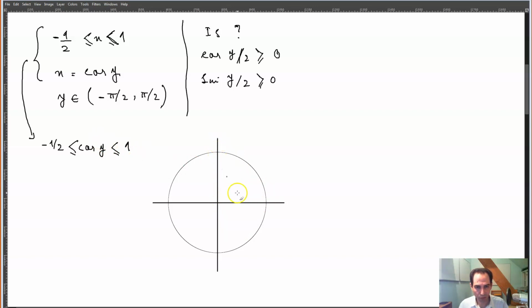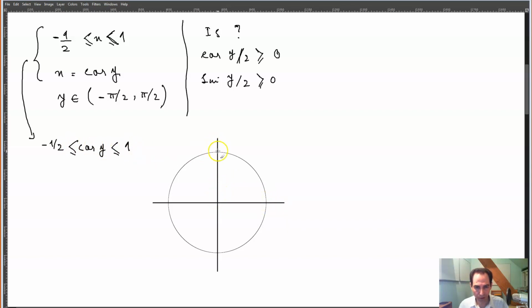0 all the way up to pi by 2, all the way up to negative pi by 2, the cos of all of those angles goes from 0 to basically 1, right?